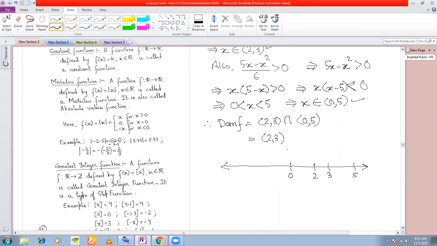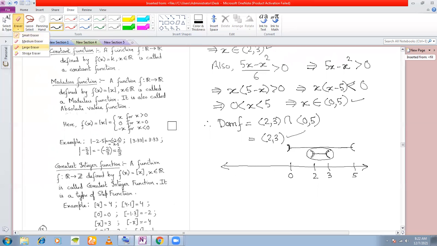From 0 to 5, and from 2 to 3, the intersection of these two sets is this part only, 2 to 3. And therefore, this is the domain of f.